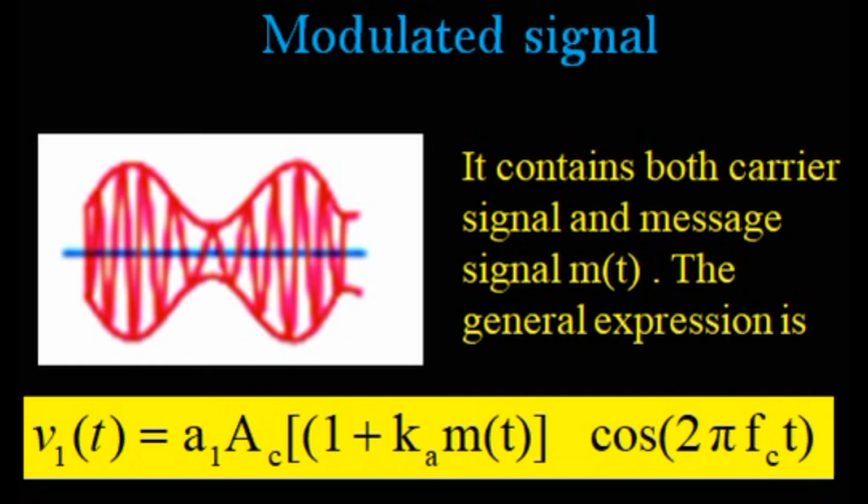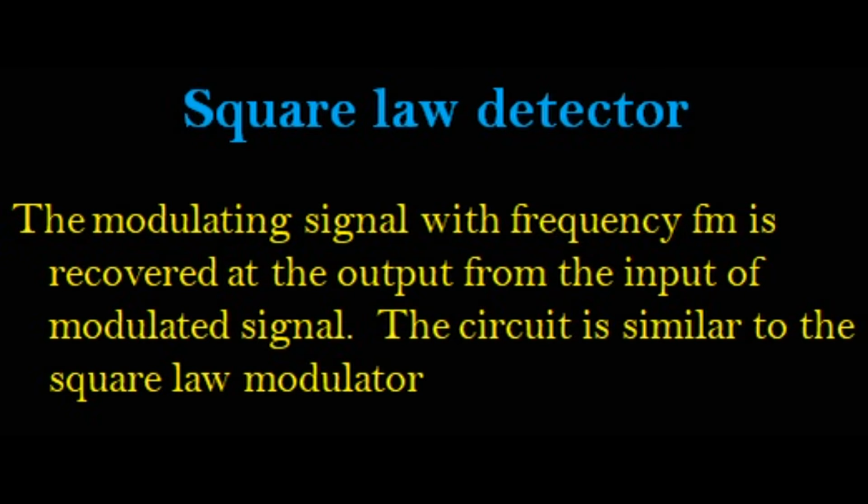The general expression is V(t) = constant × Ac × (1 + ka m(t)) × cos 2π fc t. The modulating signal with the frequency fm is recovered at the output from the input of the modulated signal. The circuit is similar to the square law modulator.